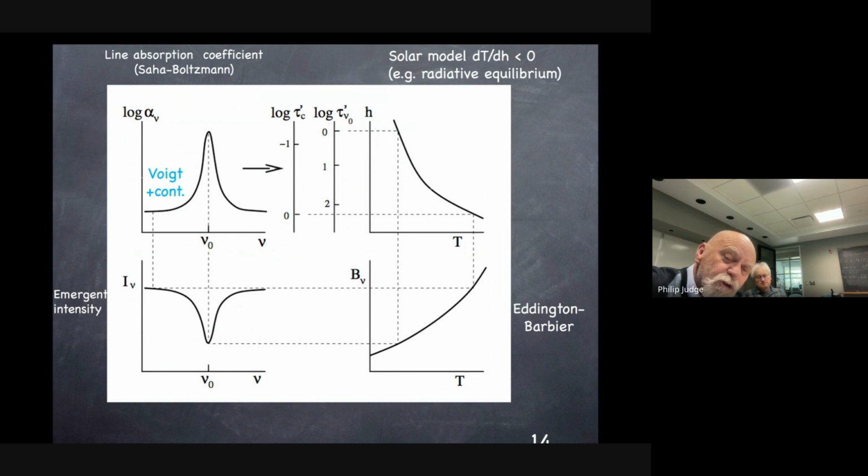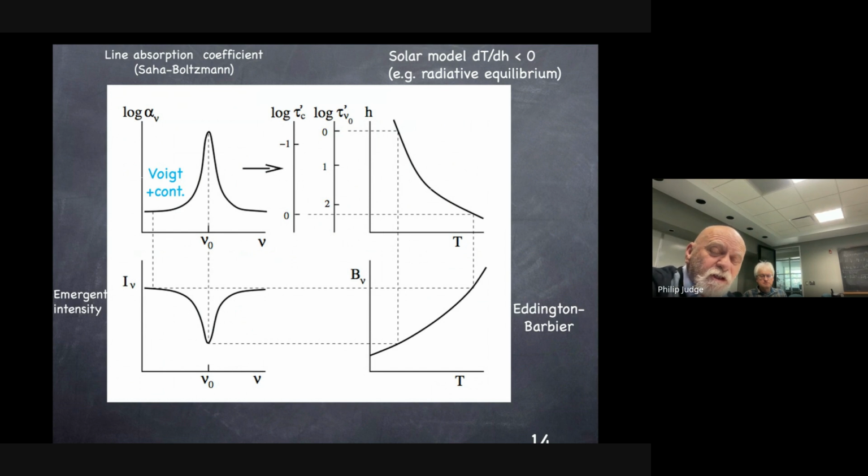And we go downwards and we say, well, how bright is the emergent intensity? It's equal to the source function at tau equals 1, so at this particular optical depth. All right. So we have an optical depth on the right scale here, just to the right of this void plus continuum. That tells us the continuum optical depth.